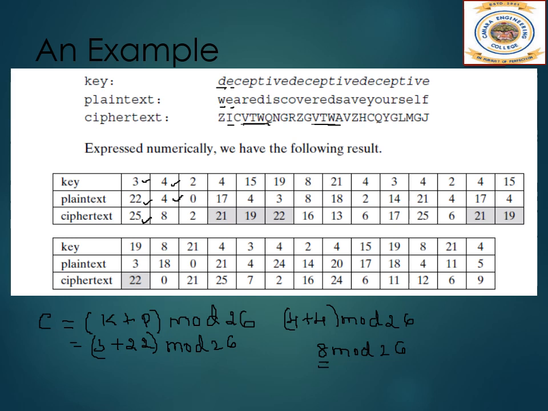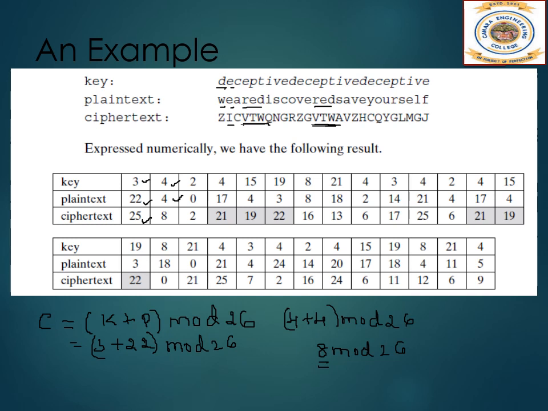Here the plain text RED is separated by 9 positions. We are discovered, save yourself. So this is RED and RED, it is repeated, and so its cipher is VTW and VTW. So here also it is RED, VTW.